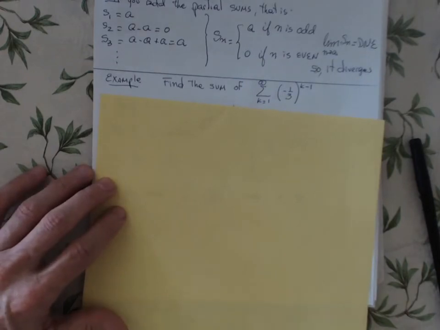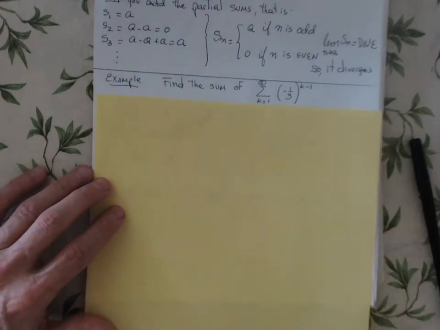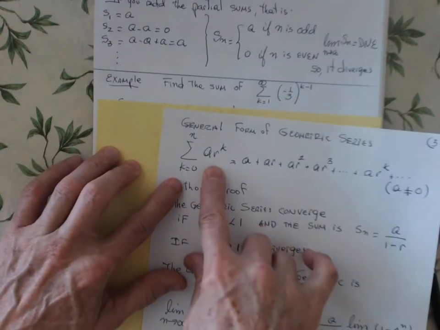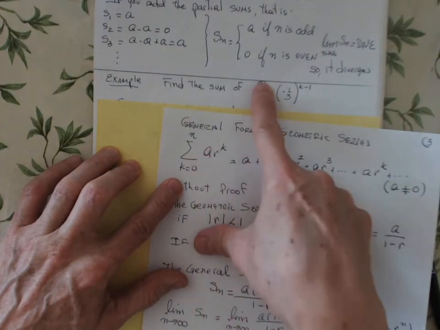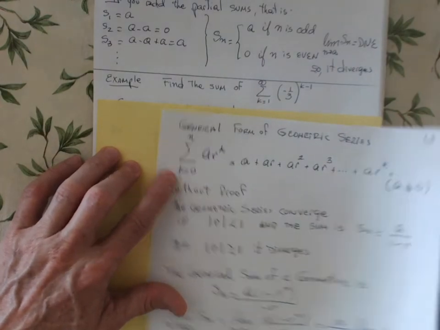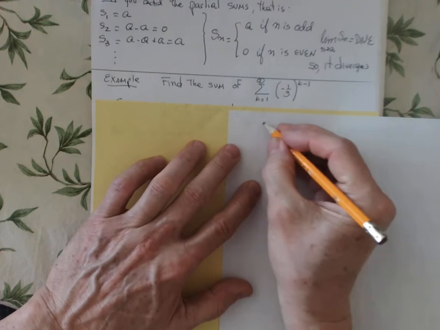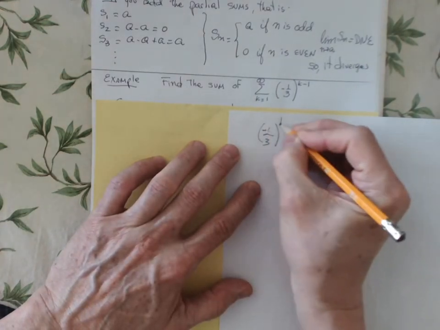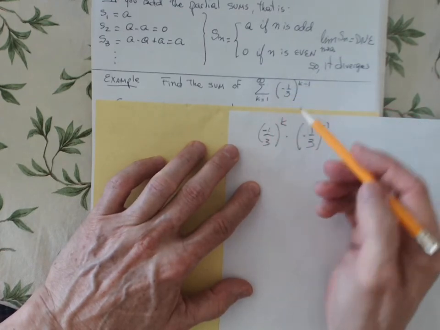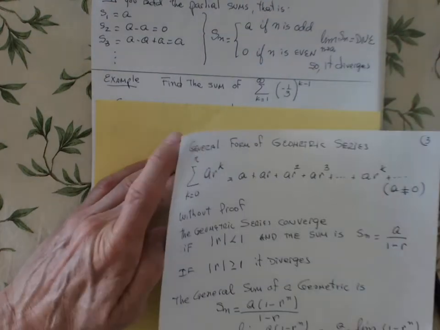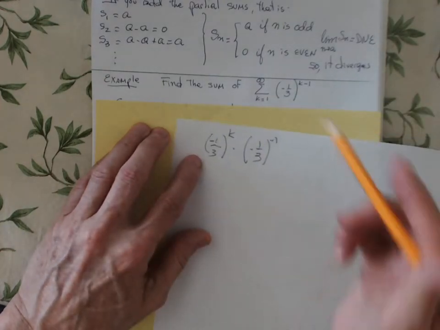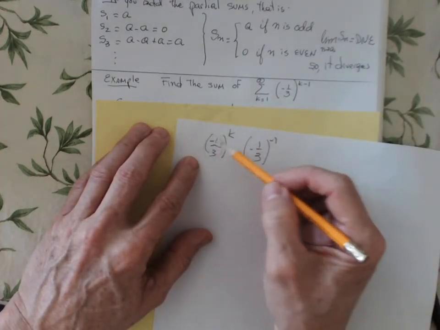Let me give an example. So we have the sum, this one, -1/3. You see that's this form. In this case, you can break it down and write it like this, times, making this the a term, a constant, and you notice then that this is your r.